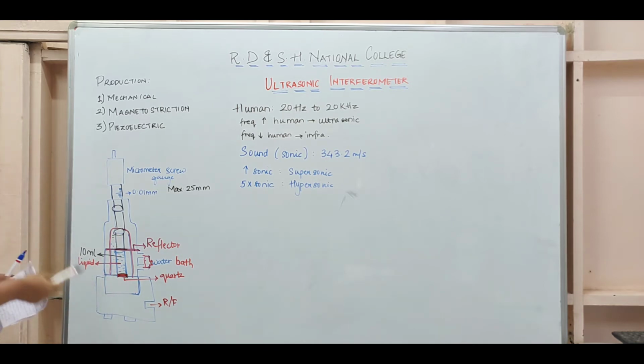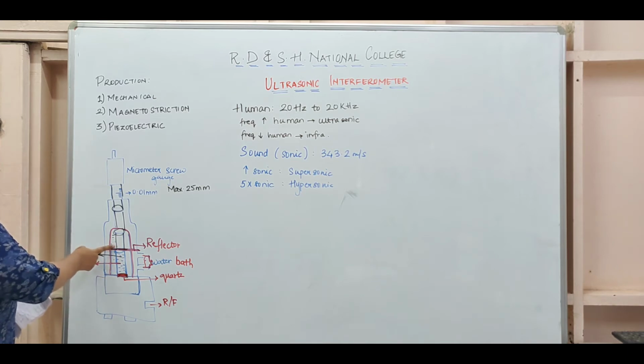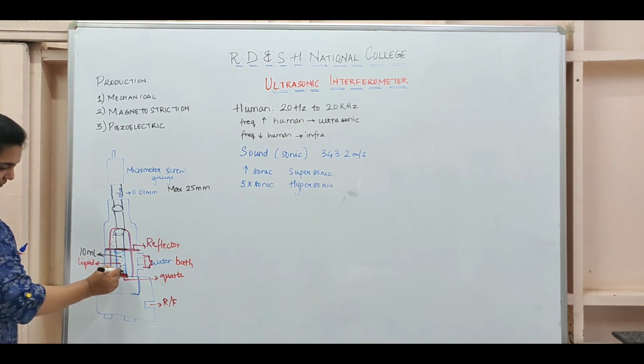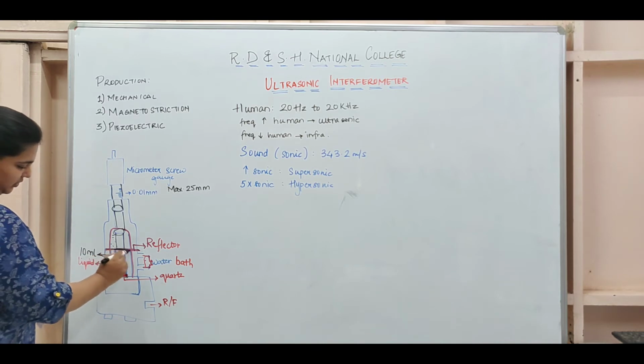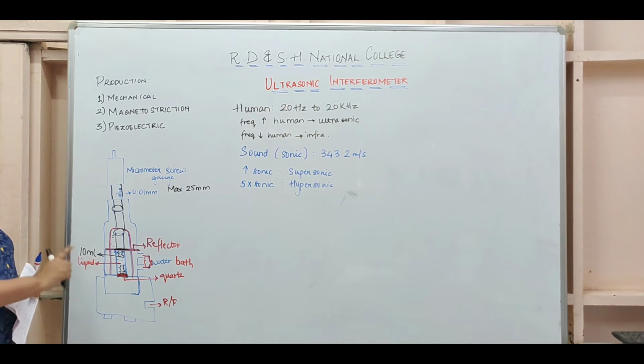The waves produced by the quartz crystal pass through the liquid to the opposite side but get reflected back from the reflector. So you are getting longitudinal or standing waves, which when they hit here are reflected back. This causes superimposition of the waves.